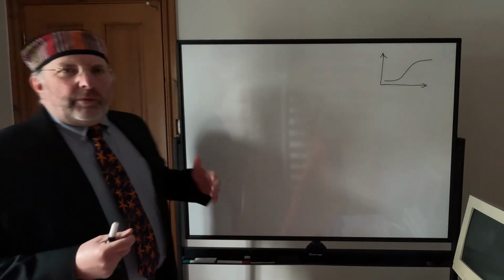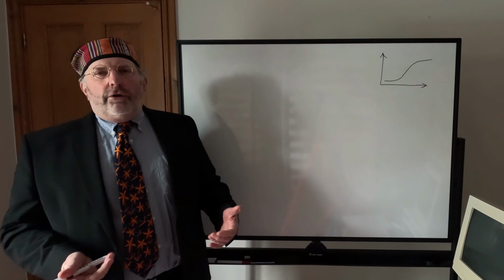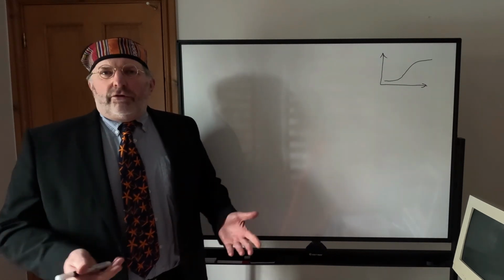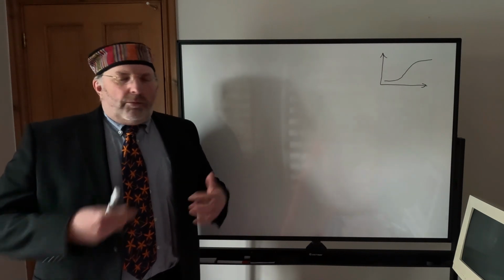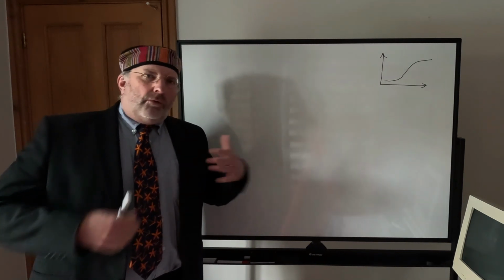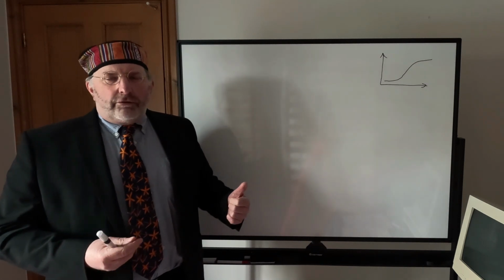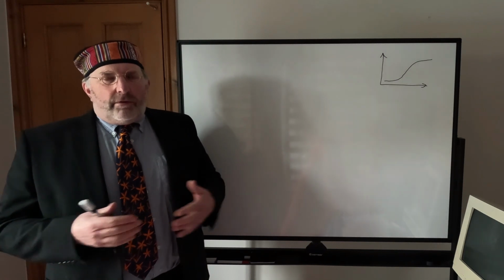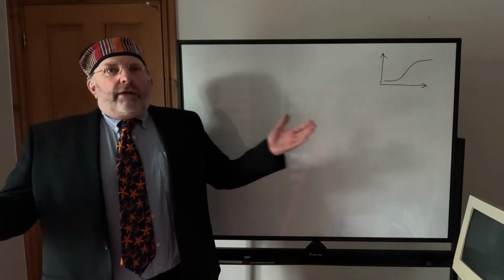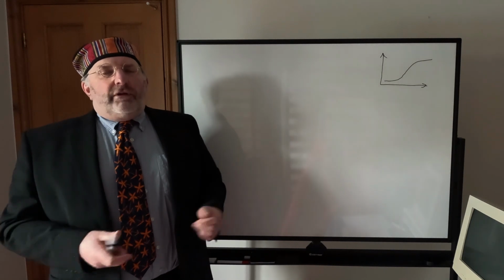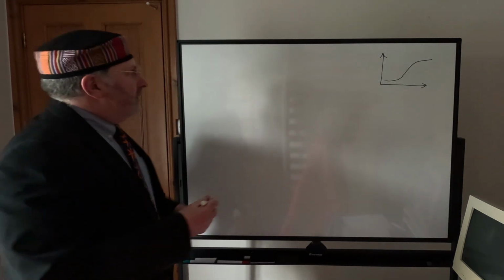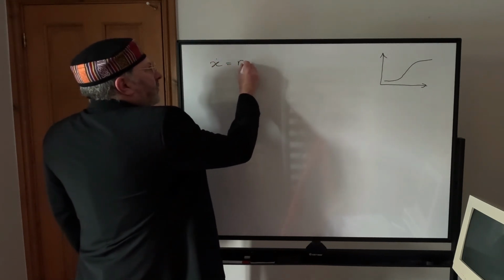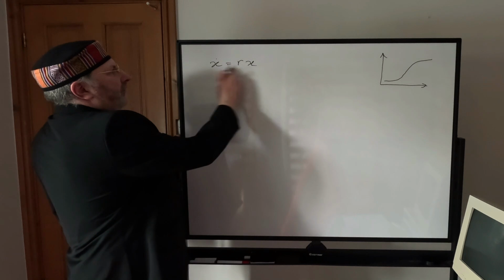So suppose we have a process that tends to feed on itself, like population growth or the spread of a disease. So the more people there are, the more babies are born and the faster the population grows, or the more people are already infected with the disease, the more those people tend to infect others, and so the faster the disease spreads. And we know that a process like that obeys an equation of the form x dot equals rx.